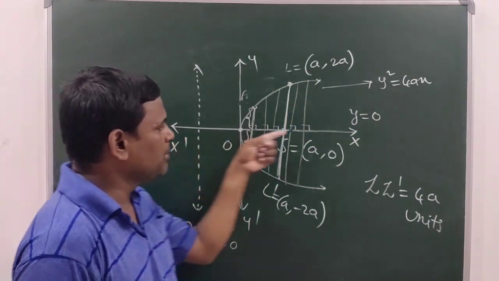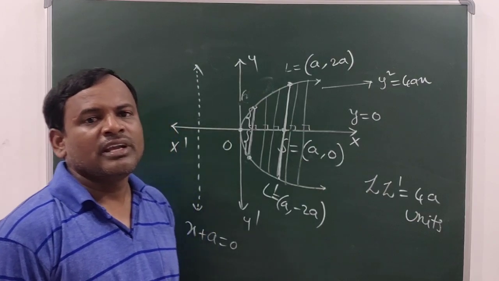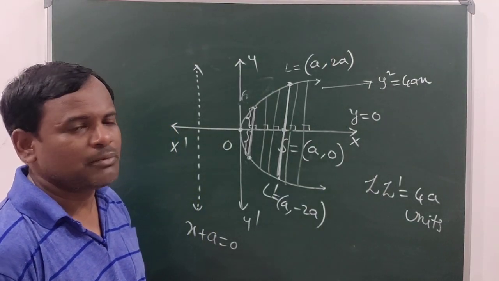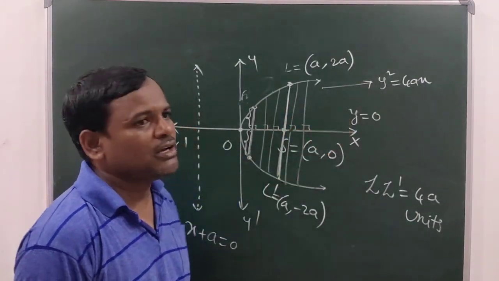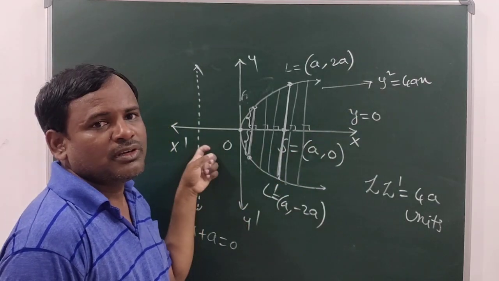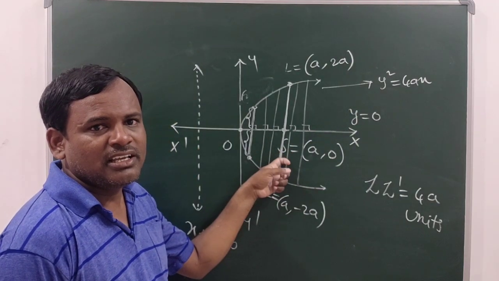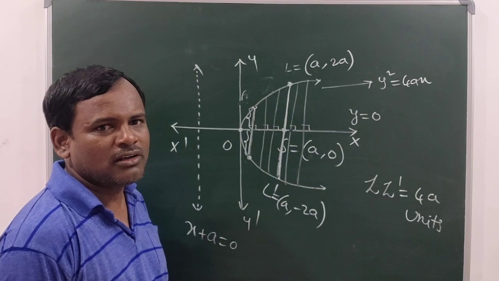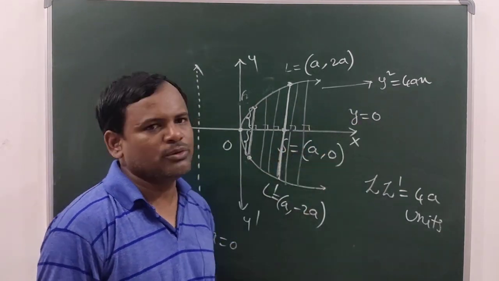And next you have to remember the equation of the axis of the parabola. For this parabola, the x-axis is the axis of the parabola, whose equation is y equal to 0.